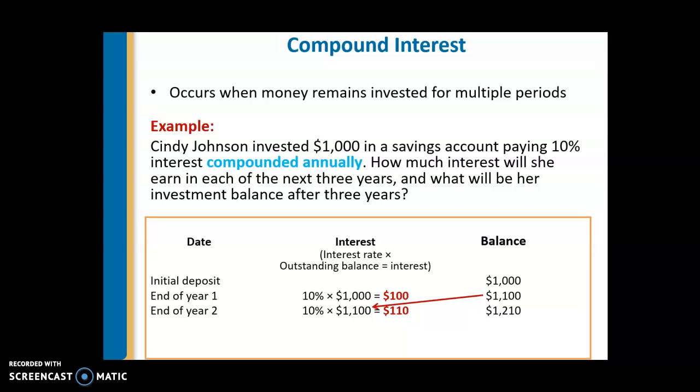So interest in year 2 would be $110, 10% of $1,100, and interest in year 3 would be $121, or 10% times $1,210. So over the 3-year period, she would have earned $331 of interest, and her account balance would have grown to $1,331.